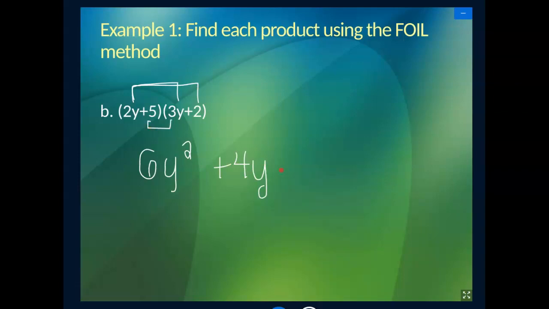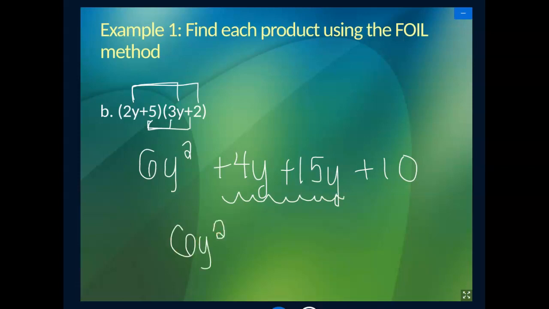Inner, 5 times 3 is 15y. Last, 5 times 2 is 10. Combine like terms in the middle. So you get 6y squared plus 19y plus 10.